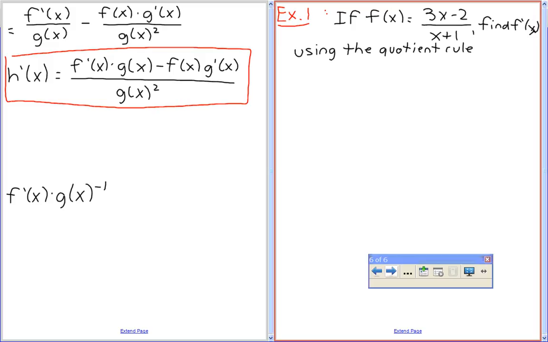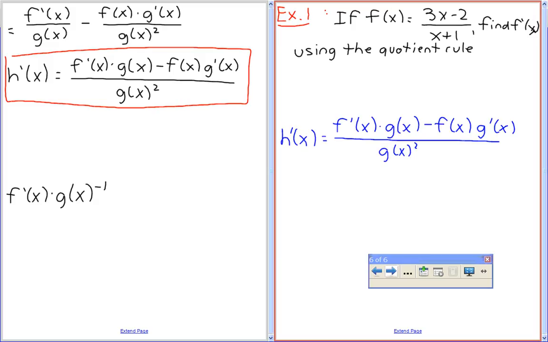What I'm going to do now is ask, where do we end up with here? We're going to set the general equation for the quotient rule. It's going to be something like this. h prime of x is going to be f prime of x times g of x minus f of x times g prime of x, all over g of x squared.